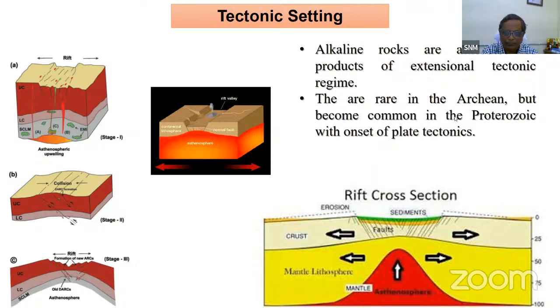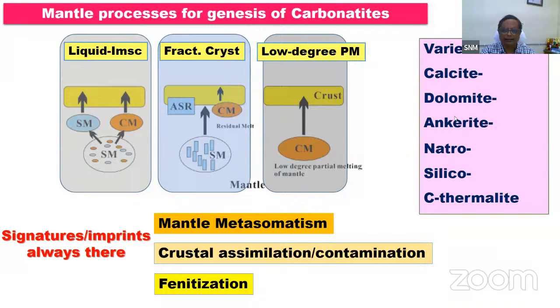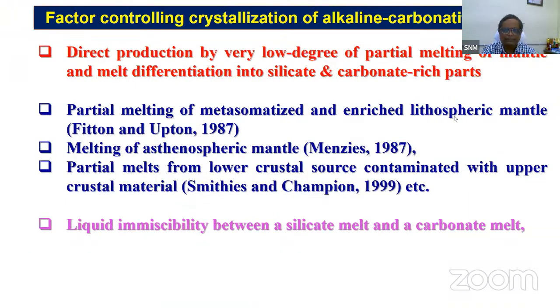And low degree, very important, less than 5% partial melt will lead to the development of the alkaline rocks. These alkaline rocks generally form from the upper mantle. But there are several theories, whether a low degree of partial melting from the mantle, that is asthenospheric mantle or lithospheric mantle, or there is crustal contamination.